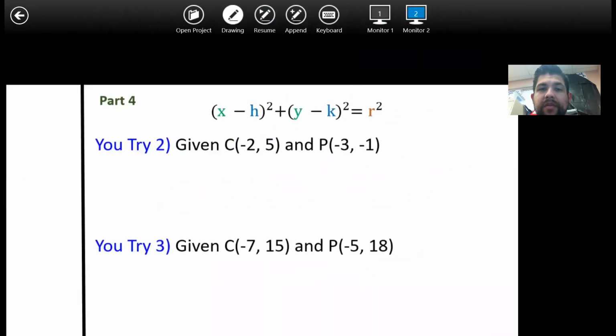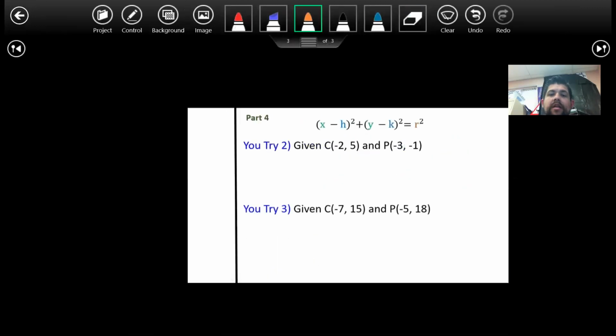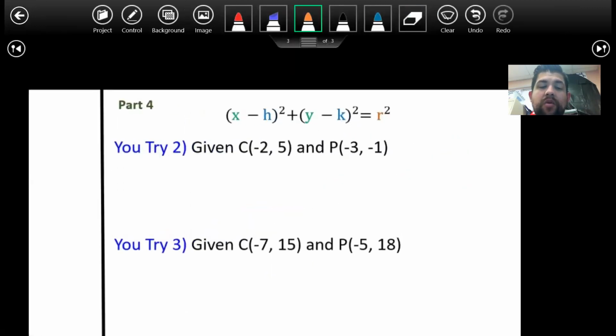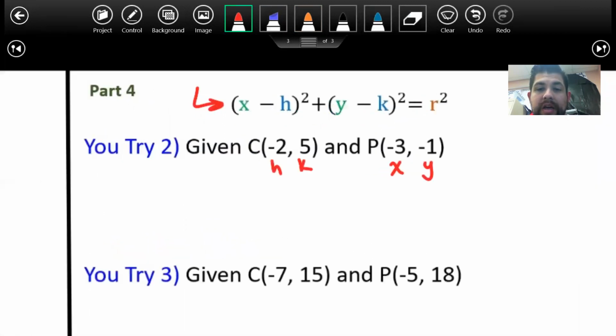That's fine. So again, I'm going to take the shortcut way. We're looking for it to write an equation given the point and given the center. So I'm going to go ahead and already correspond these points into our values using this as X, this as Y, this as H, this as K. We correspond the points according to the values. I'm going to plug all these in. We're missing R, so we're going to solve for our R in our equations.